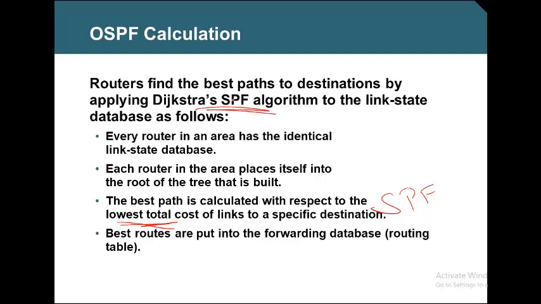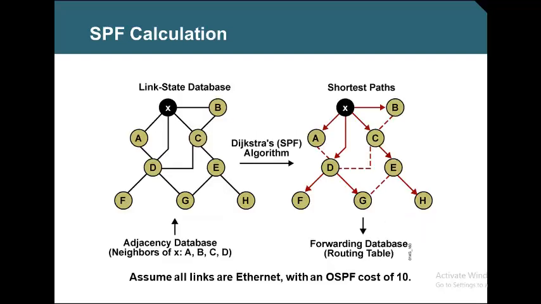Like this, you see, every router has a common map called the link state database, and this is the database. If I am X and I want to go to F, there are many ways.